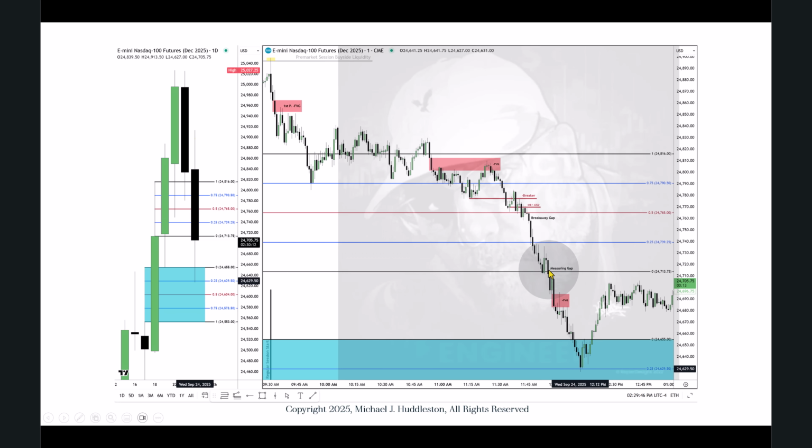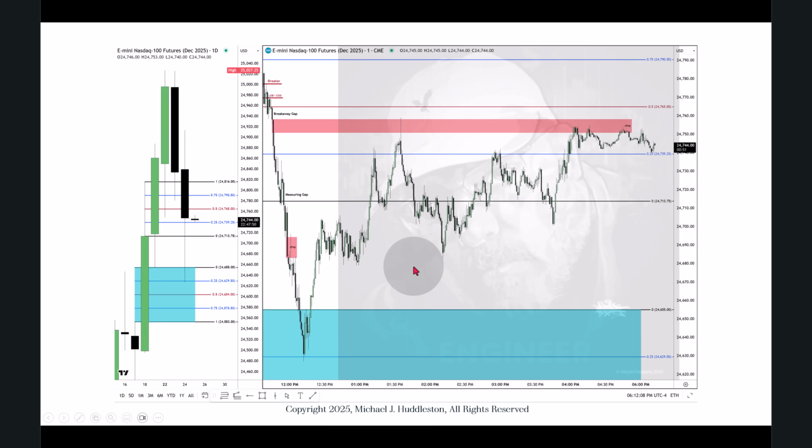And then it creates a measuring gap, breaks lower, bearish fair value gap, comes right back up, hits it again, then slams into the upper quadrant of the fair value gap there. And then we go off that and consolidating. You can see consolidation led to another deeper retracement up into this bearish fair value gap.